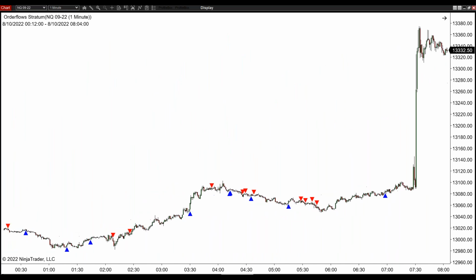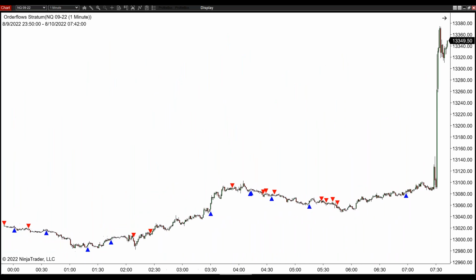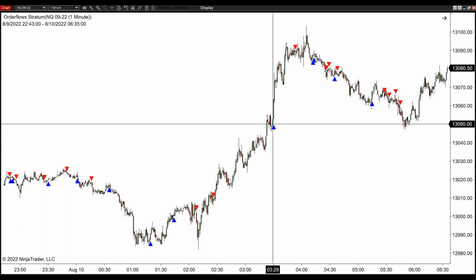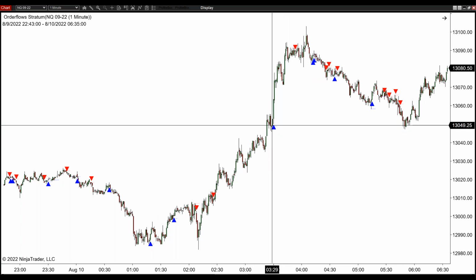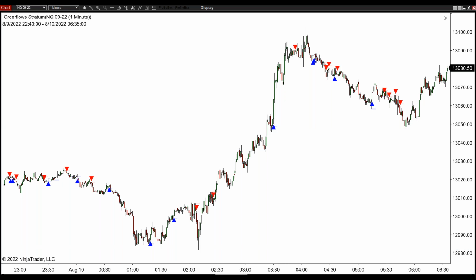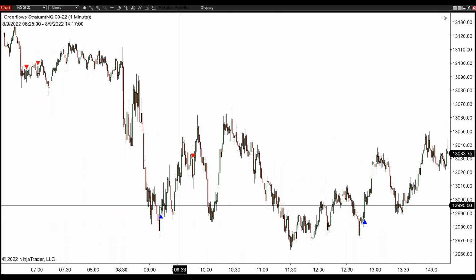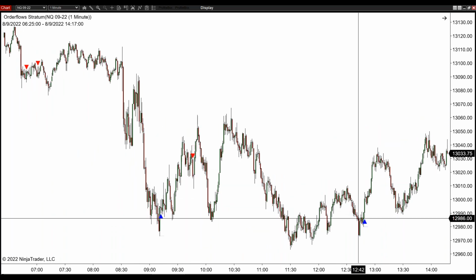I will play around in the MNQ during the night session sometimes if I'm trying to catch a move and I want some action. Like say I see something in the ES, but I know ES can move slow during the Asian hours, so sometimes I'll try and squeeze something out of NQ or MNQ. So again, this is a setting of 4. So buy signal here, sell here, buy here.